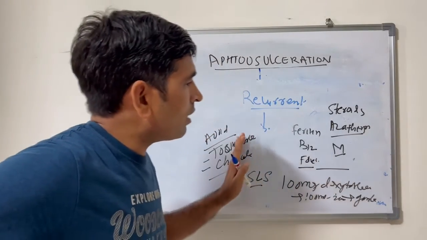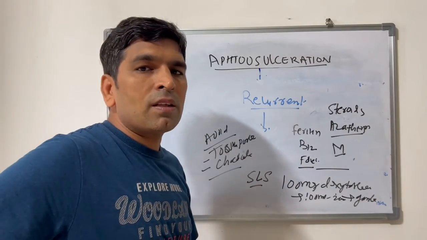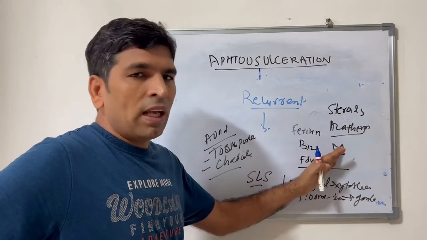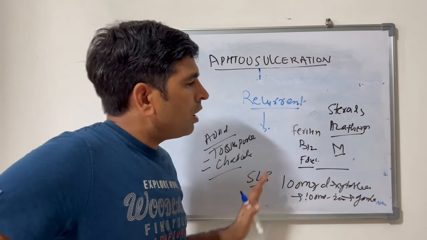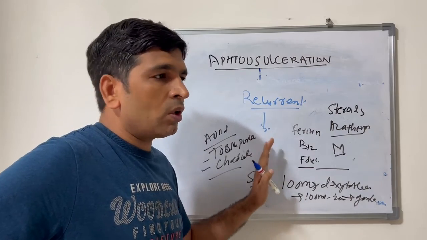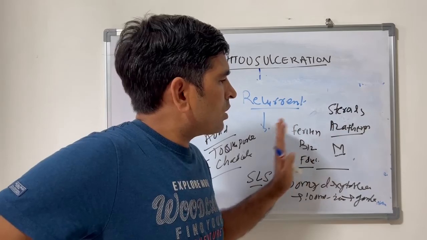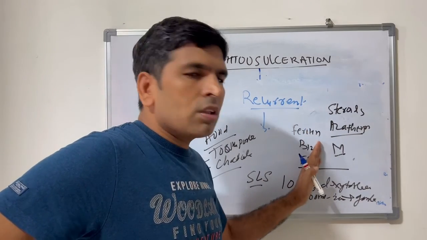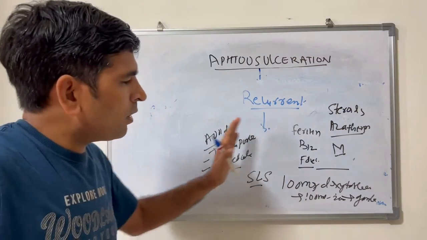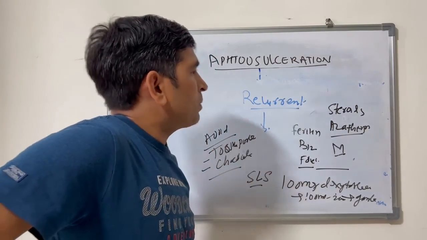With recurrent ulceration, the first time you will not know that this patient will develop aphthous ulceration. But the second time, note in the file that if the patient has symptoms of developing an oral ulcer like pain, itching or burning sensation, tell him to start this treatment immediately so that the ulcer will be cured before appearing. So this is all about aphthous ulceration.